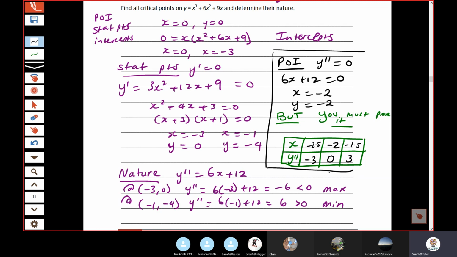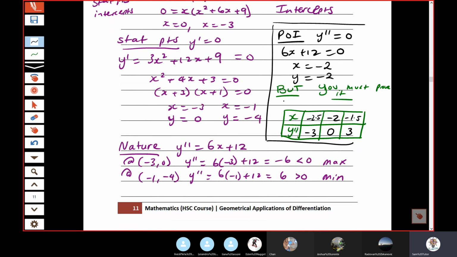And all you've got to say now, you have to say this, since change in concavity. Wait, before I continue, why is that a concavity? What do we know about Y double dash being less than 0, Tiana? Y double dash being less than 0. That's a max.